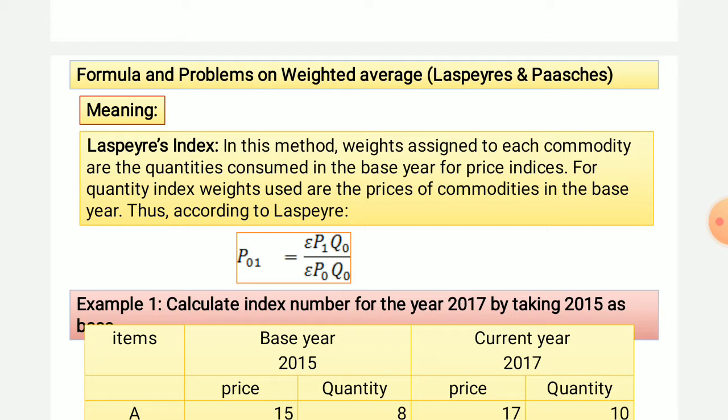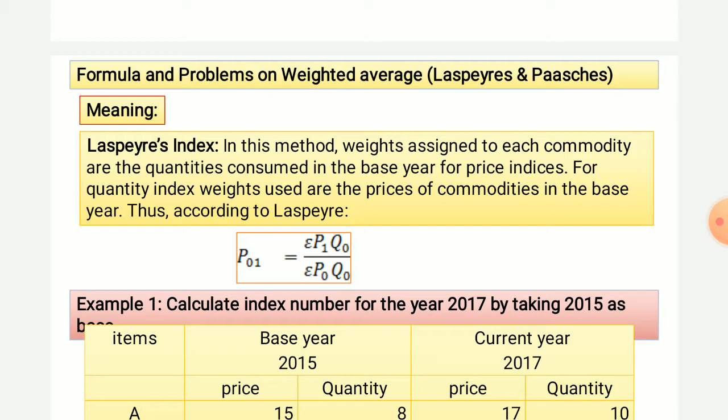for price indices, and for quantity index, the weights which are used are the prices of the commodities in the base year.